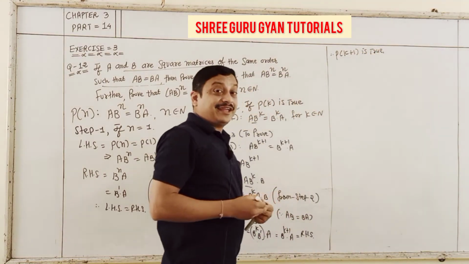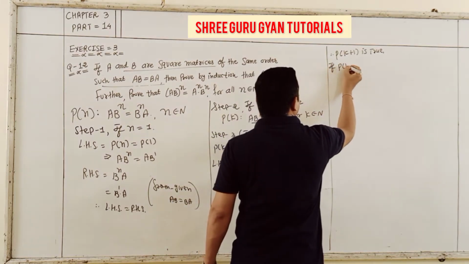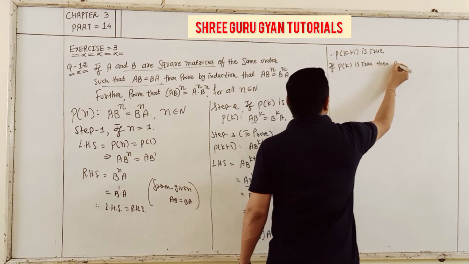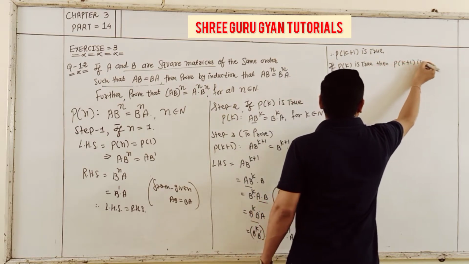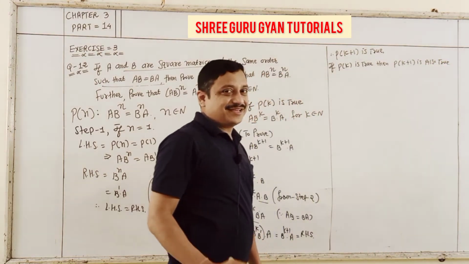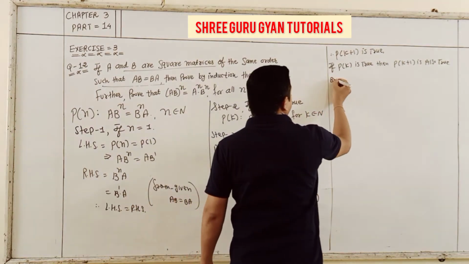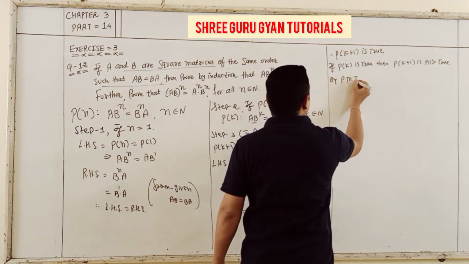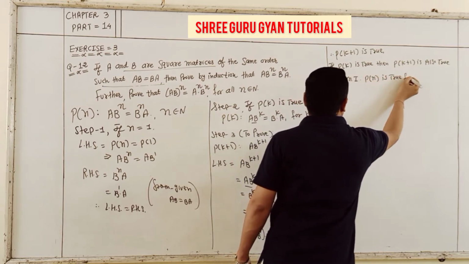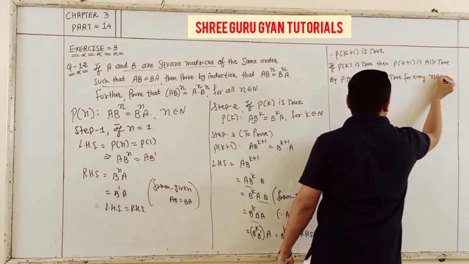In short, taking the last step, if P(k) is true then P(k+1) is also true, and that is your first proving done. So by PMI, P(n) is true for every n belongs to natural numbers.